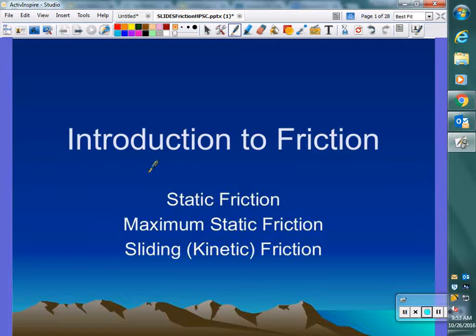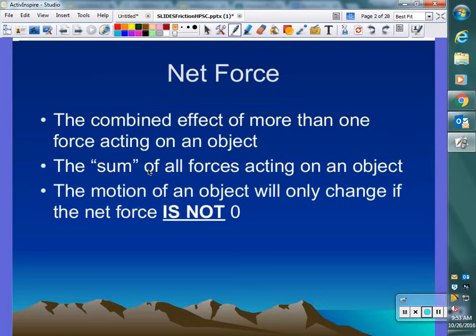Okay? So, to review, the concept of net force, right? Net force is the combined effect of more than one force acting on the object, or the sum of the forces. Now, just because we're adding doesn't mean we always end up with bigger numbers for net force, right? We have to take into account direction and all that fun stuff.